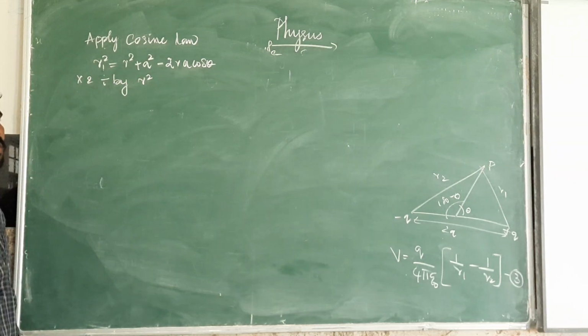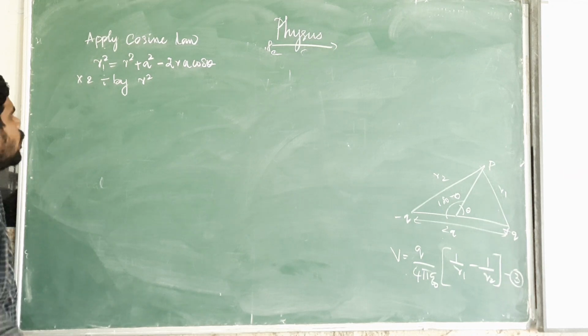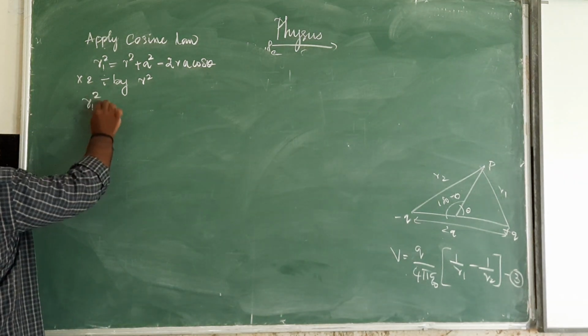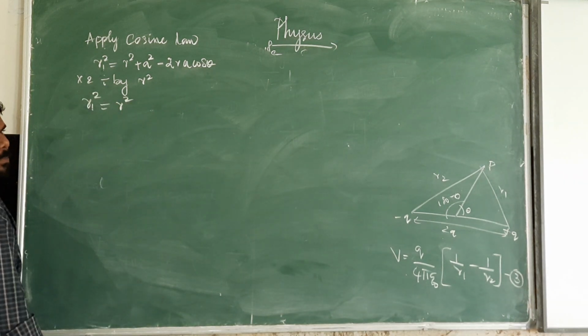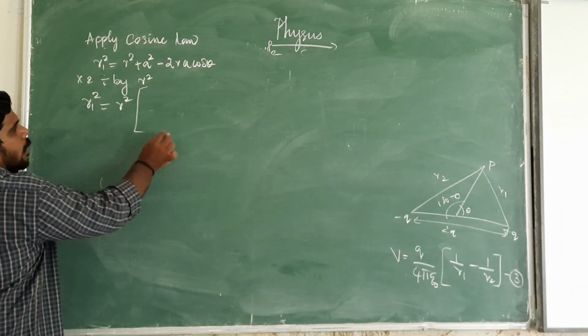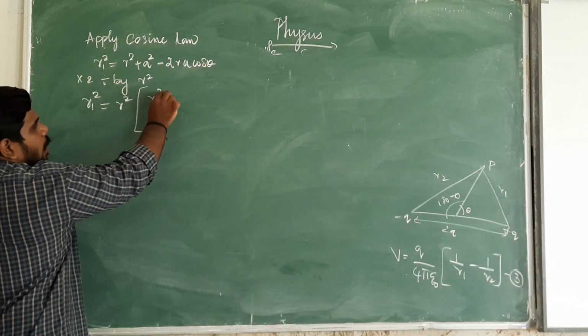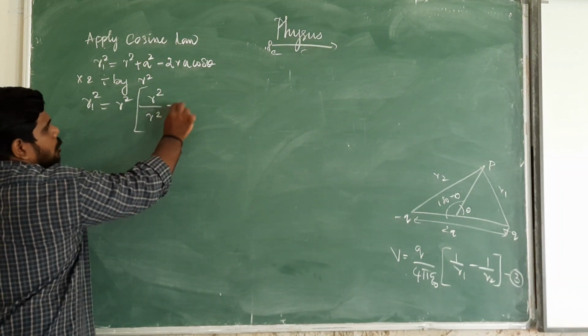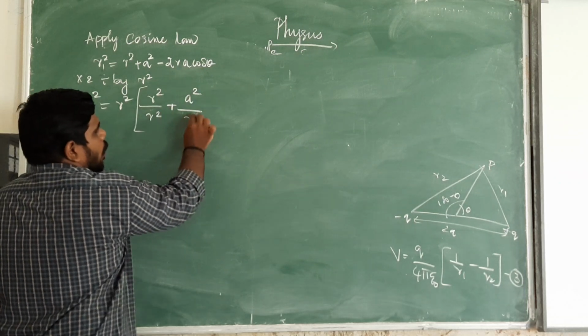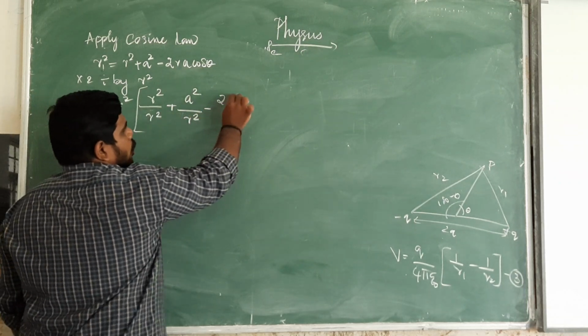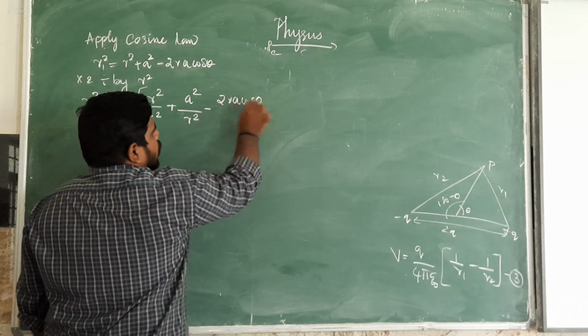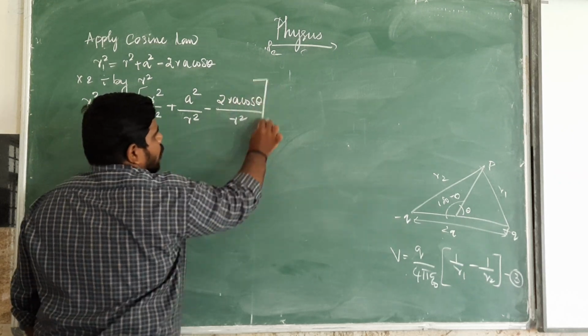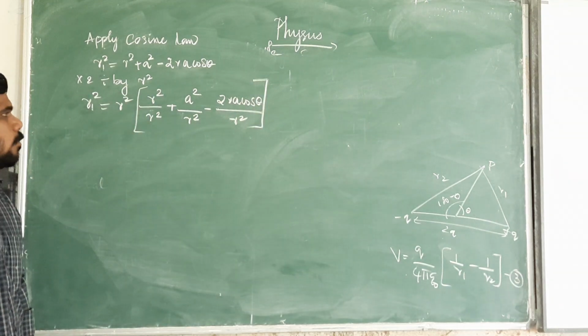On the right hand side we are going to multiply and divide by R square. So R1 square is equal to the multiplying term written outside, then we divide each term by R square: R square by R square plus a square by R square minus 2Ra cos theta by R square. Clear?